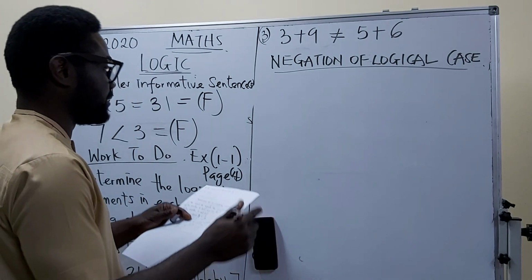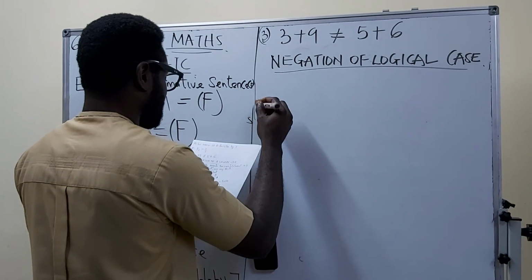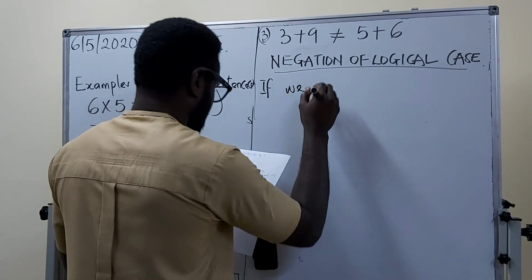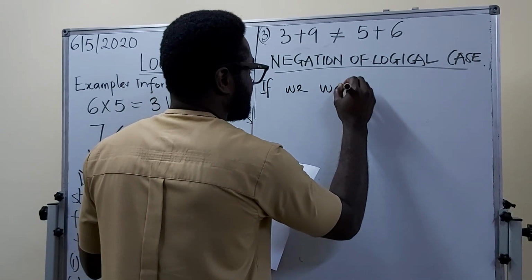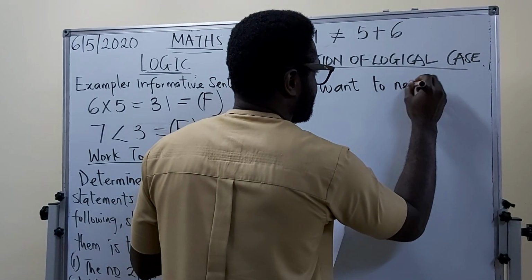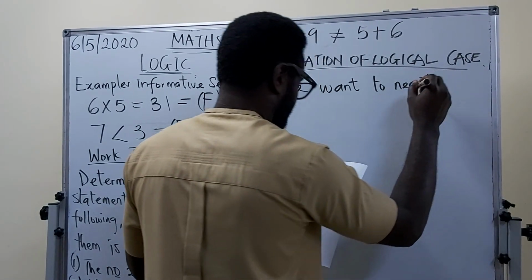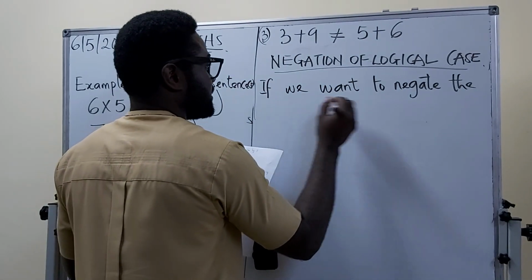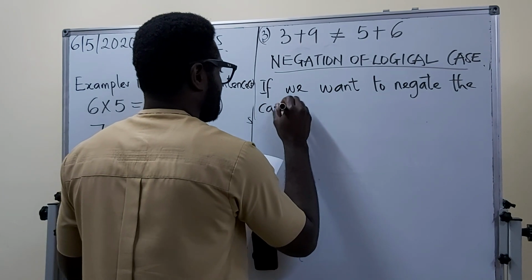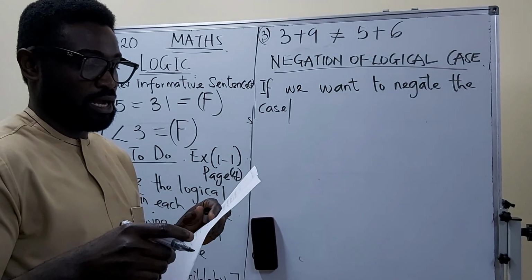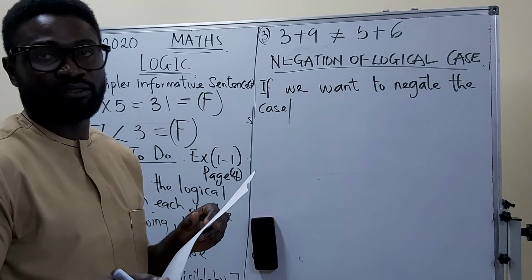So let's go further. Join me to write the notes. If we want to negate the case, I told you already, a case can be written in form of a statement or a sentence.